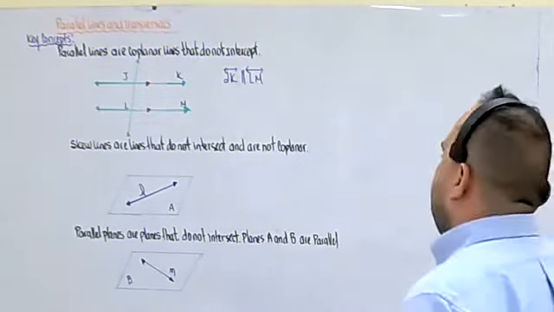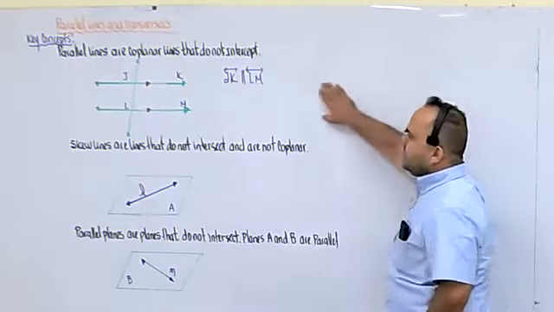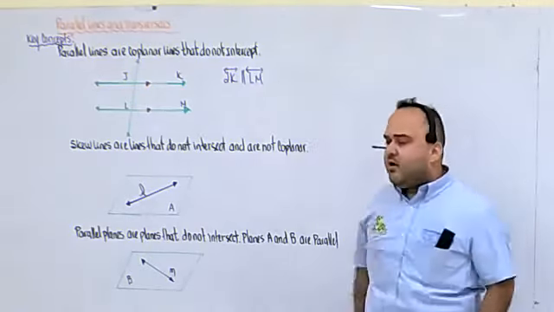This symbol, two vertical lines, is the representation of the word parallel. If you don't want to write the word parallel, the only thing we have to do is draw a couple of vertical lines. This is the easy way to identify parallel lines.